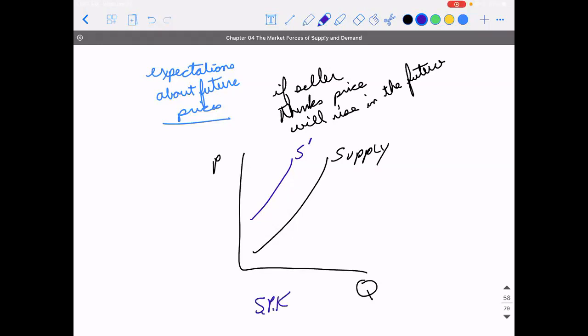So this graph is representing current supply. So they're not going to be too happy about producing this product and selling it now, because if they just wait, they can sell it at a higher price in the future. So they're going to restrict some of their current supply. Supply will decrease.